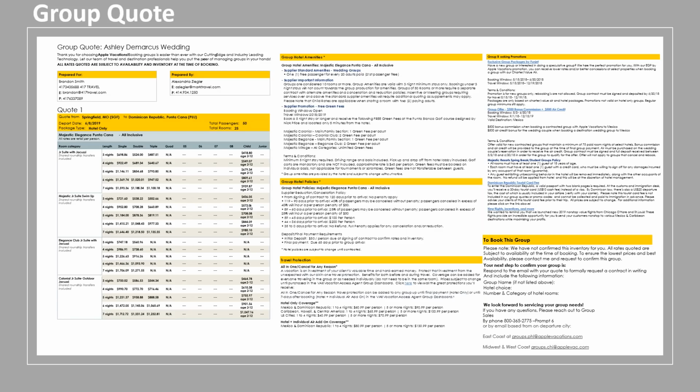The group quote is clean, it's concise, it's easy to read. It has your client's group information in the beginning, followed by the quotes of the different room categories for different numbers of nights, 3-night, 4-night, 5-night, 6-night, whatever, with pricing for each. It details the hotel group amenities.